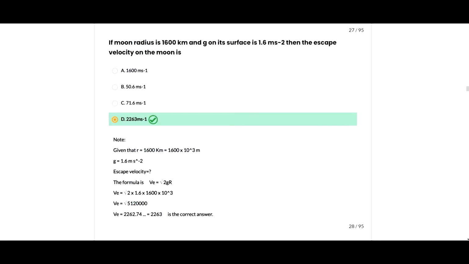Gravity is equal to 1.6 meter per second square. So what is the escape velocity? The formula is V is equal to square root of 2gR. By putting the values of g and R, we'll get 5120000. By taking the square root, we'll get 2262.6 by 7.4. By round off, we'll get 2263, which shows that D option is correct.